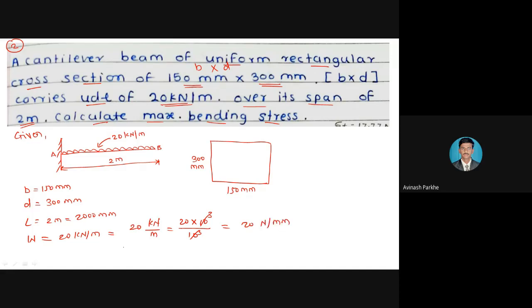And we have to calculate sigma, which is called sigma B, the bending stress. Now once again, we have the formula M upon I is equal to sigma upon Y is equal to E upon R. But the E upon R combination is not useful.